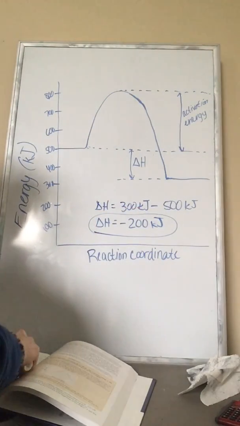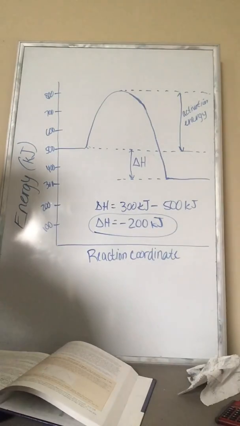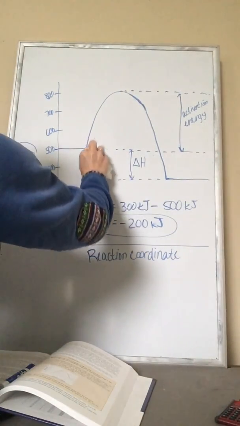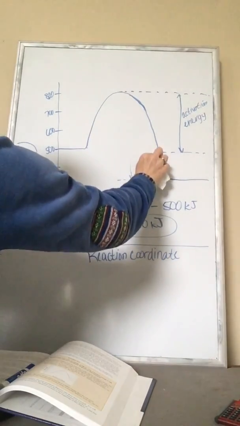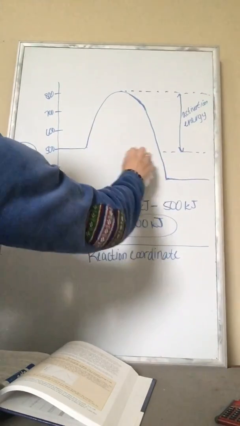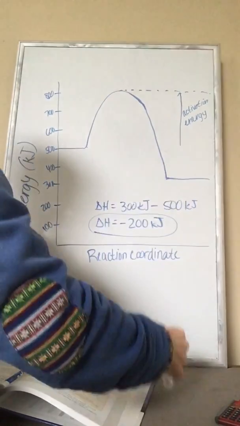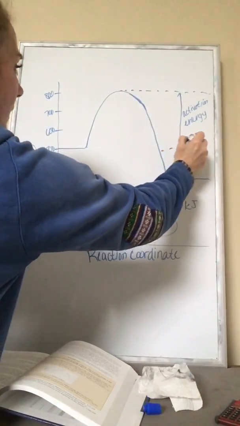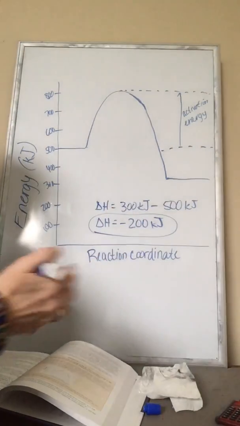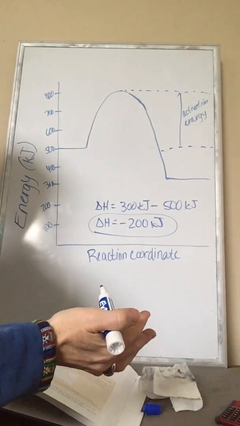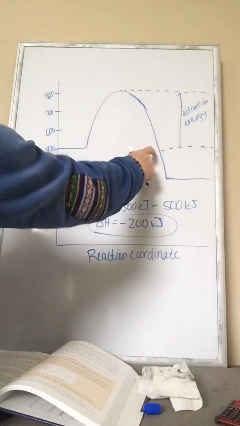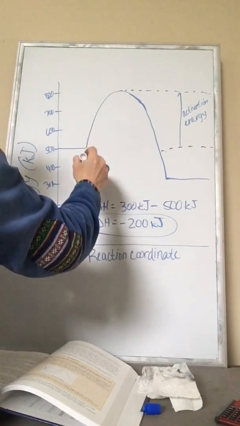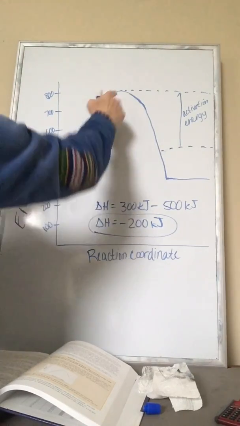It released energy. Now, with that being said, if you're looking at this and you're not given all this information, if we don't tell you that this is the delta H and that this is the activation energy, well, so first of all, before I erase all of this, if this is the way you calculate the activation energy, it's just the difference between here, the top of the hill, and the bottom of the hill.